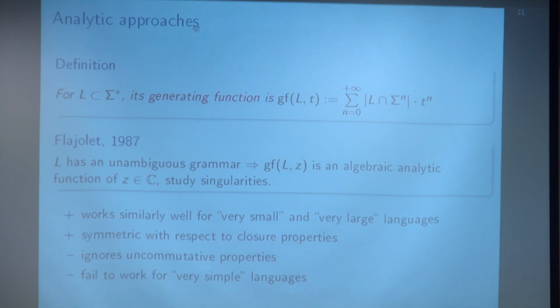And it's symmetric with respect to closure properties, but it lacks other things. It completely ignores non-commutative properties, because here we ignore even the symbols. We just care about the length. And it fails to work for very simple languages, because for them it simply turns out that while the language is inherently ambiguous, the generating function is, say, even linear or something, rational, sorry, let alone an algebraic analytic function.